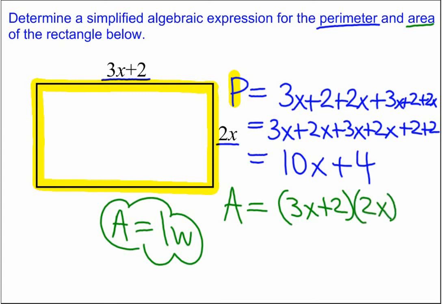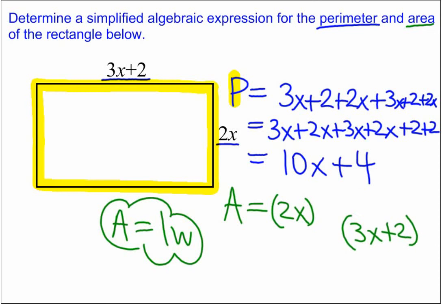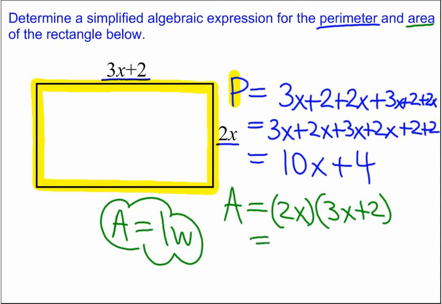You're fine to write it in that order, but when it comes to other expressions we've simplified in the past, it would look much better if we just reordered what we had. And since it's multiplying, we can do that. So 2x times 3x plus 2. Hopefully you're looking at that going, hey, that looks a lot like distributive property. I have a monomial in front of the brackets, there's the monomial, and I'm multiplying it by a binomial that's in the brackets that immediately follows.